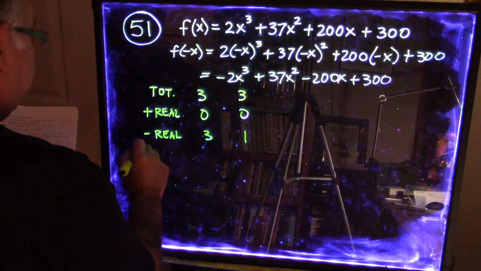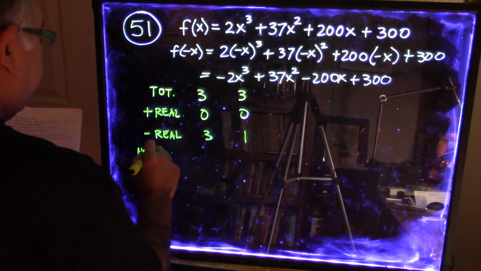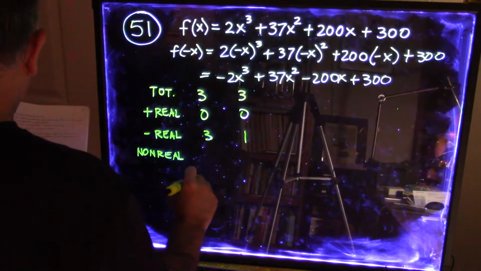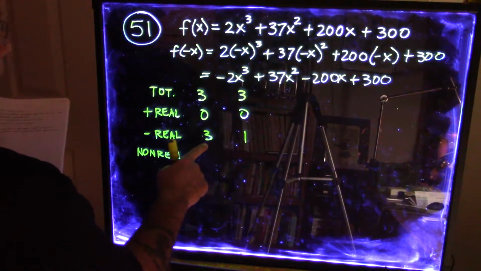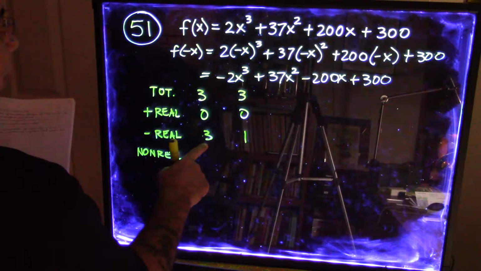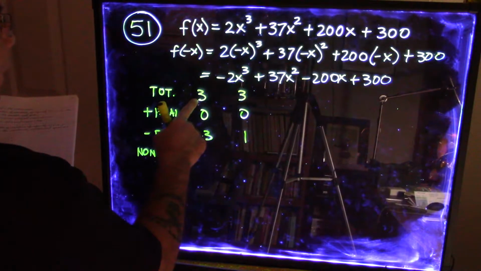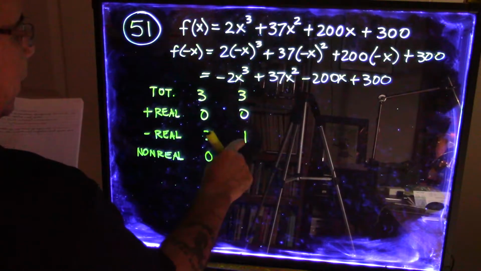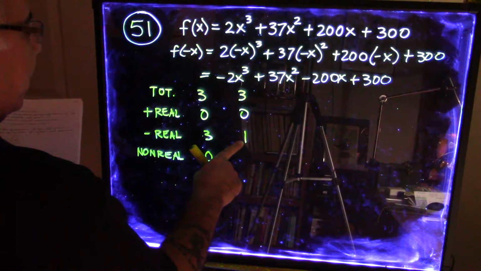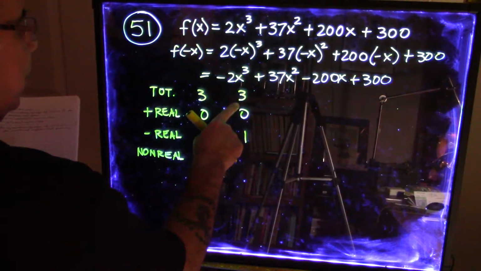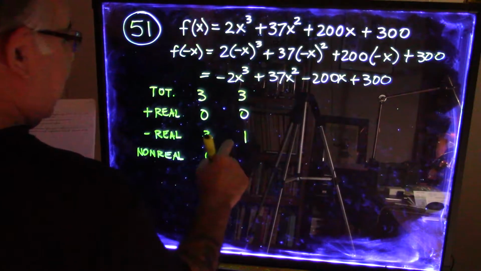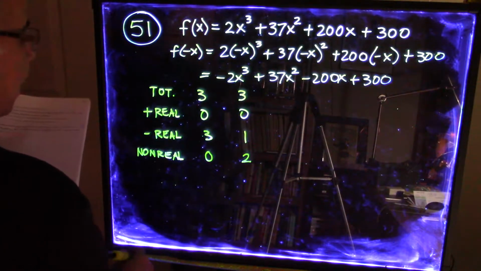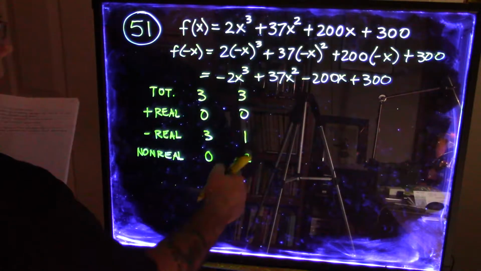And non-real, so the 3 negative real zeros in this possibility will take up that total, so there would be no non-real zeros. In this possibility, you have 1 negative real, and that would leave 2 more. And there are no positive reals, so there must be 2 non-real zeros in this possibility.